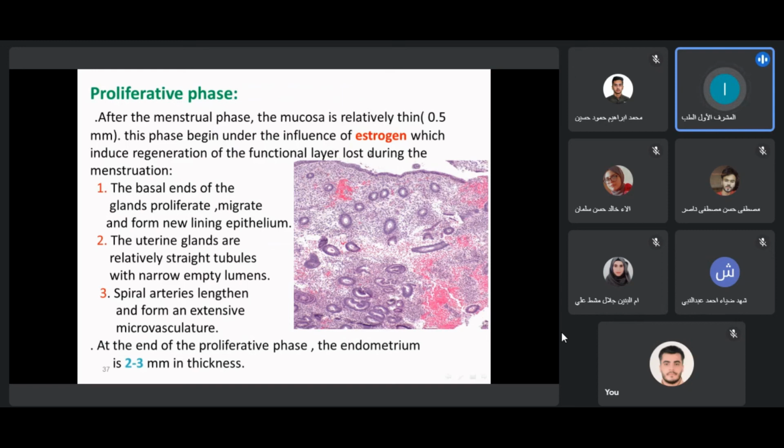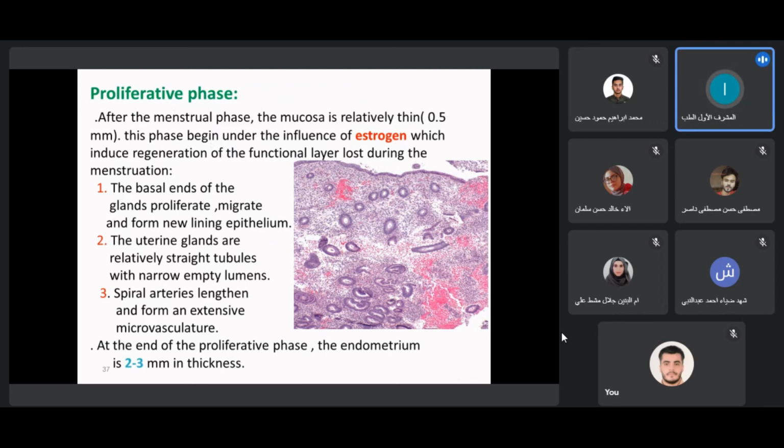Under the influence of estrogen, the estrogen function is induction of proliferation of cells. So it will induce the regeneration of the functional layer that has been lost during the period of blood loss, the menstruation. The proliferation occurs or arises from the basal layer.